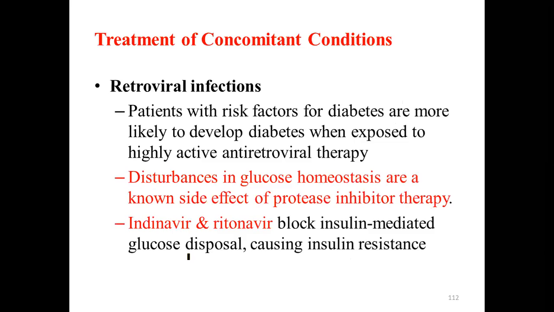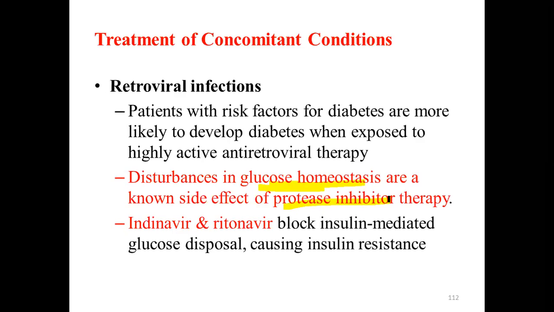Then what about if the patient has HIV with DM? Remember, there is a possibility of glucose disturbance, like disturbed glucose homeostasis, with protease enzyme inhibitors. Protease inhibitors can increase the level of triglycerides, cause dyslipidemia, and even cause hyperglycemia.